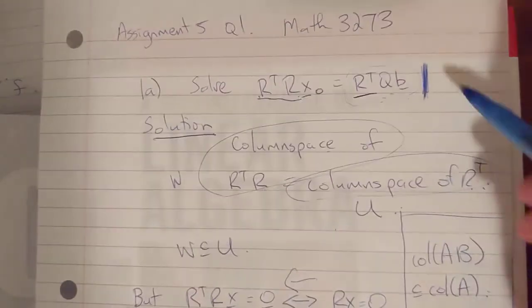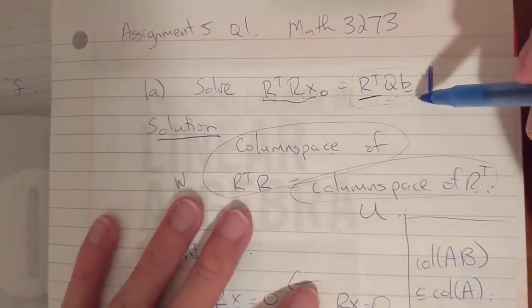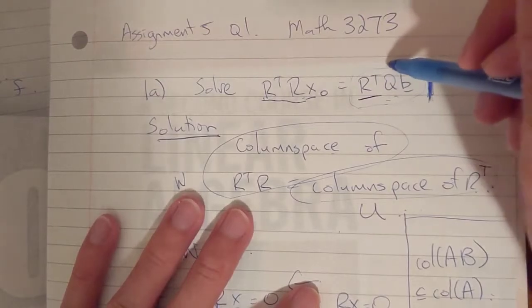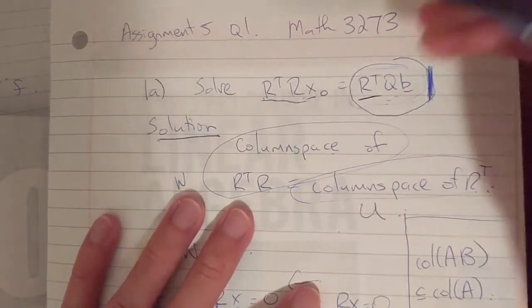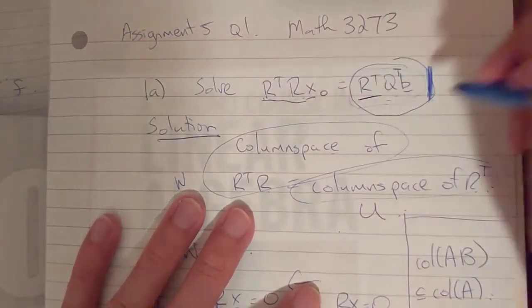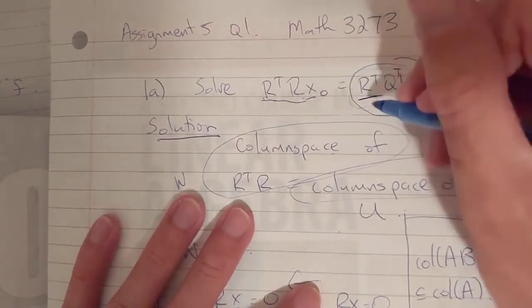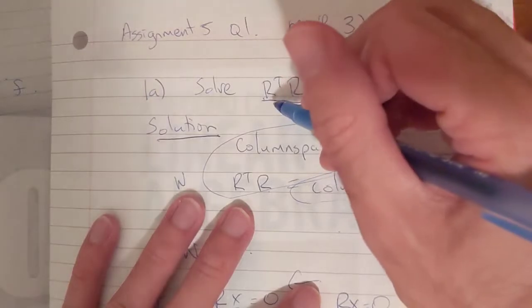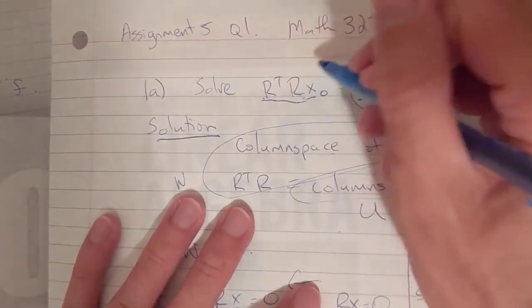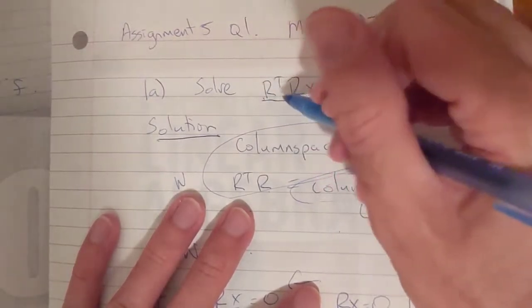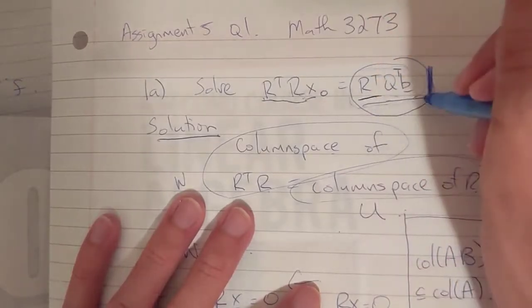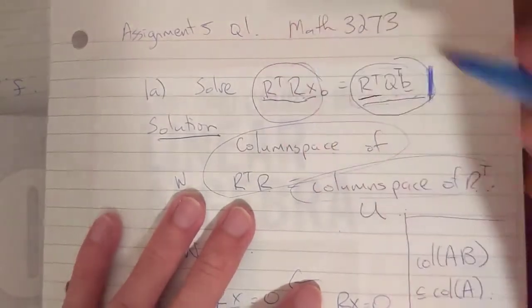Now, just to reiterate, R transpose Q transpose B is just some vector in the column space of R transpose. Since the column space of R transpose equals the column space of R transpose R, some vector in the column space of R transpose R is equal to this, and that's what this represents.